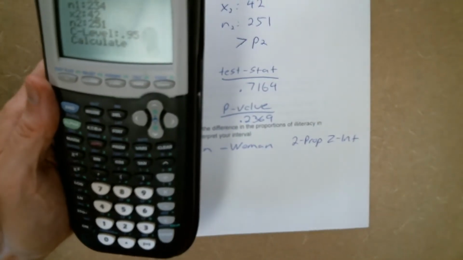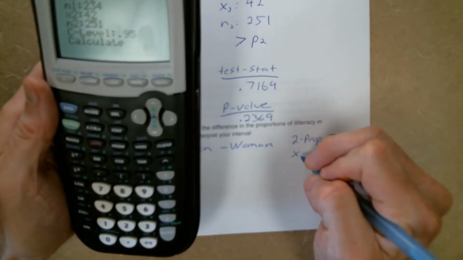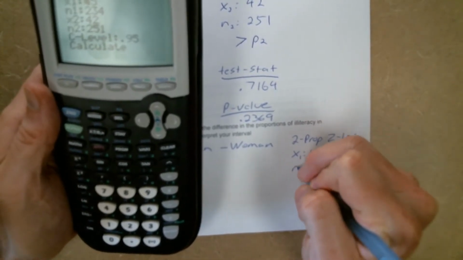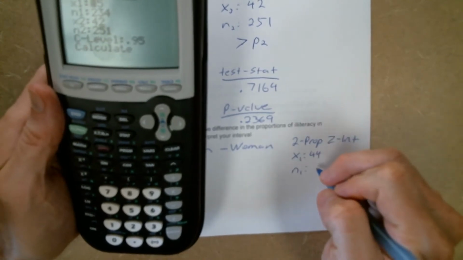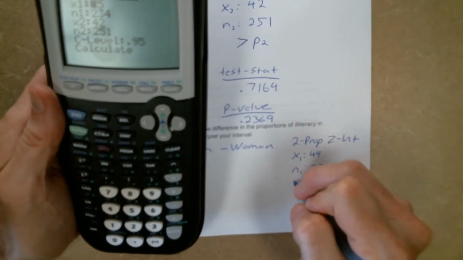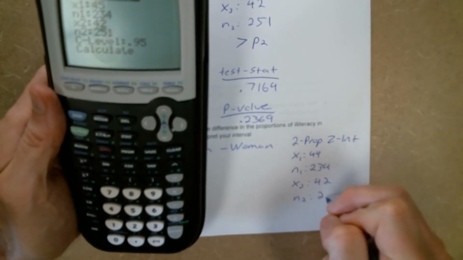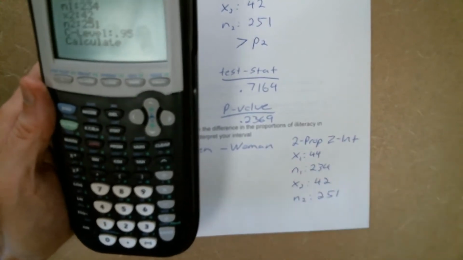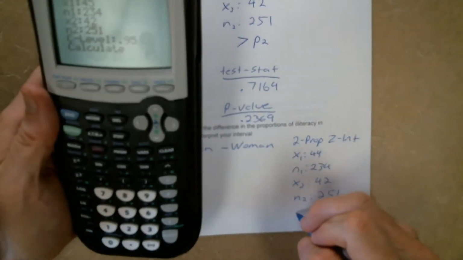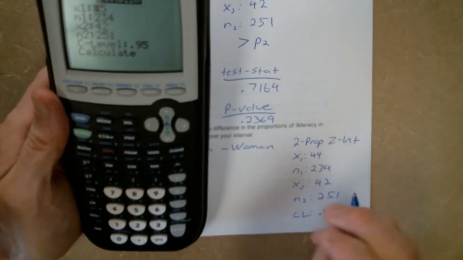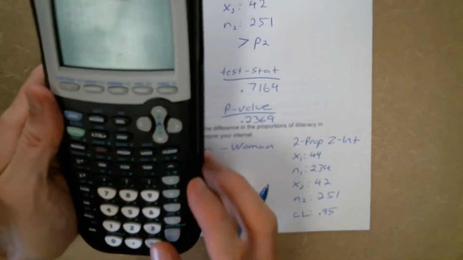And it's mostly asking for the same information. So it still needs to know x1, and those haven't changed. It still needs to know n1, x2, n2. Only this time it needs a confidence level, and the problem tells us that our confidence level is 0.95.